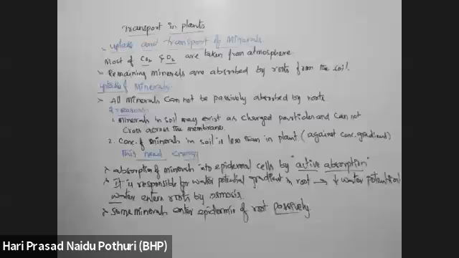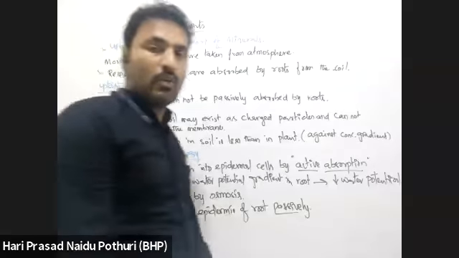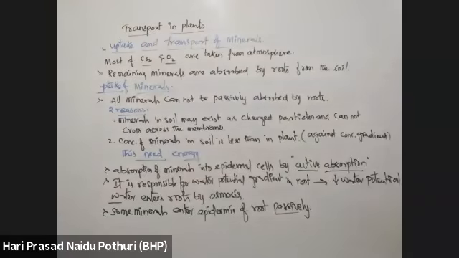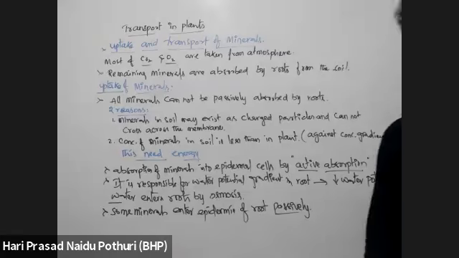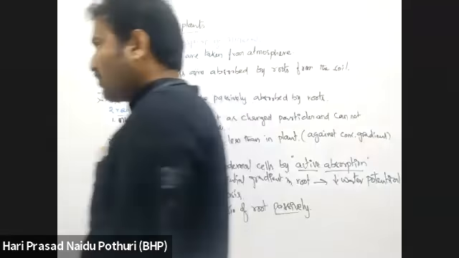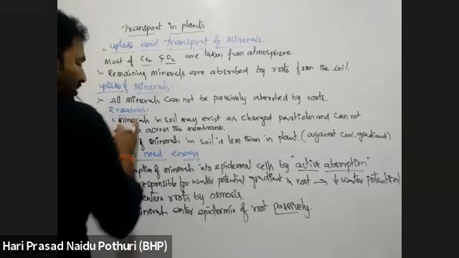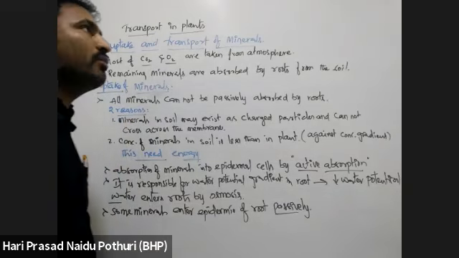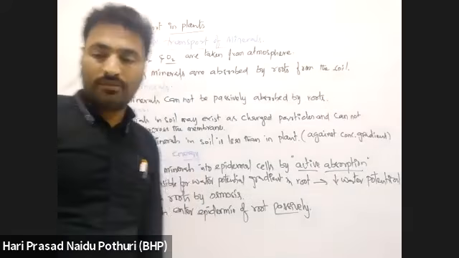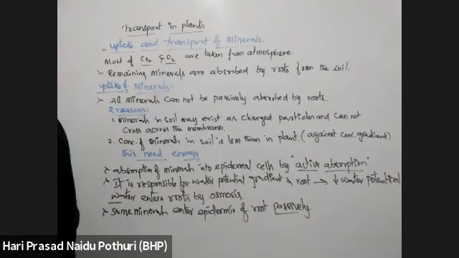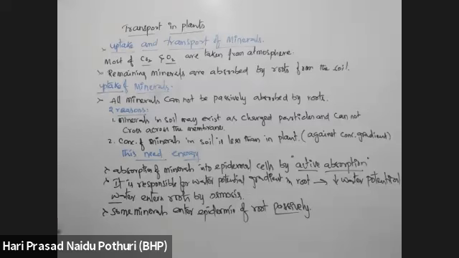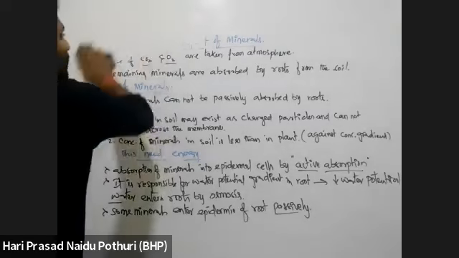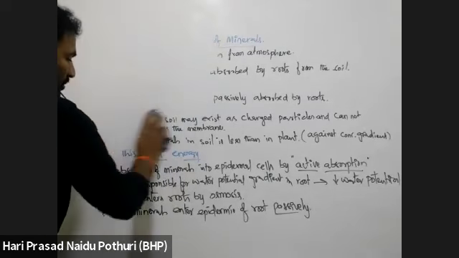That means absorption of minerals inside the roots may be by both active and passive processes. Active absorption is needed when these two conditions are present. Passive absorption takes place whenever water is moving into the plants. Okay, note down this point, then we'll see some more. So both passive and active processes take place for absorption.